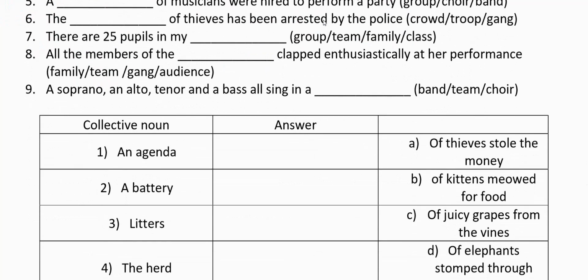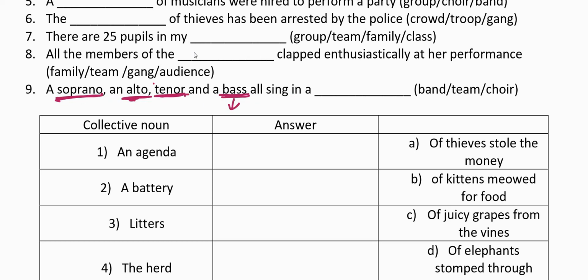A soprano, an alto, tenor and a bass all sing in a dash. See, these are all the singers in a group. A soprano is the highest female or male voice. An alto is the second highest male or female voice. The tenor is the adult male voice and bass is the lowest voice in the group of singers.